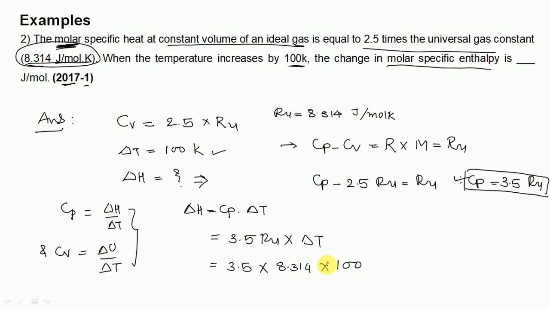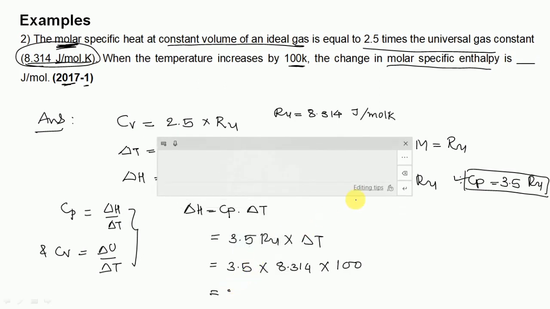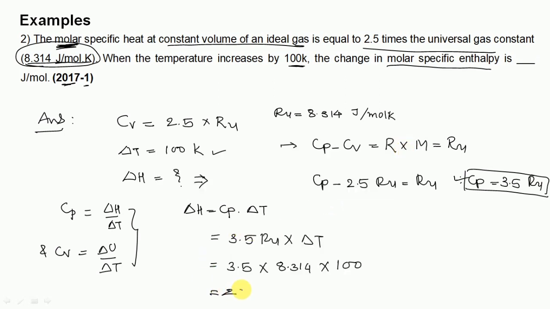If you calculate the whole value, you find the answer: 2909.9 joule per mole. So this is the value of delta H. I write over here delta H is equal to 2909.9 joule per mole. This is our final answer.